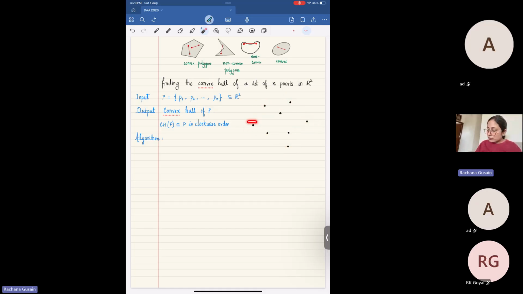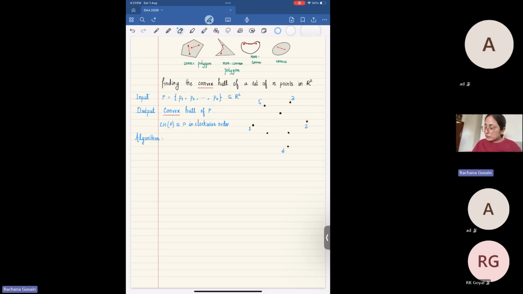It's not that I'm going to report this one first, then this one, then third, fourth, fifth. No, that will not make sense to me, because if I were to report it in this order, let's say like this, then the polygon shape would be something like 1 to 2, then 2 to 3, 3 to 4, 4 to 5, 5 back to 1, which is not a polygon which is enclosing all the points.